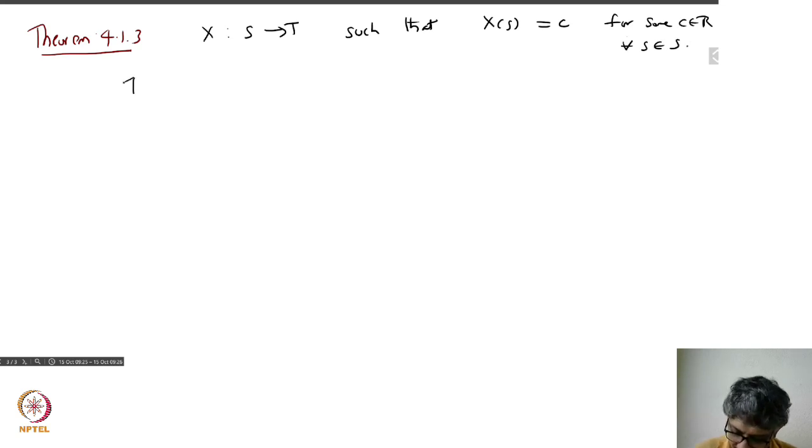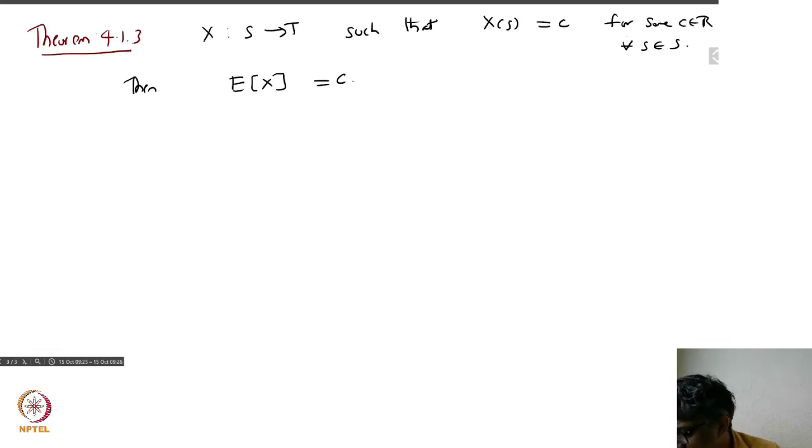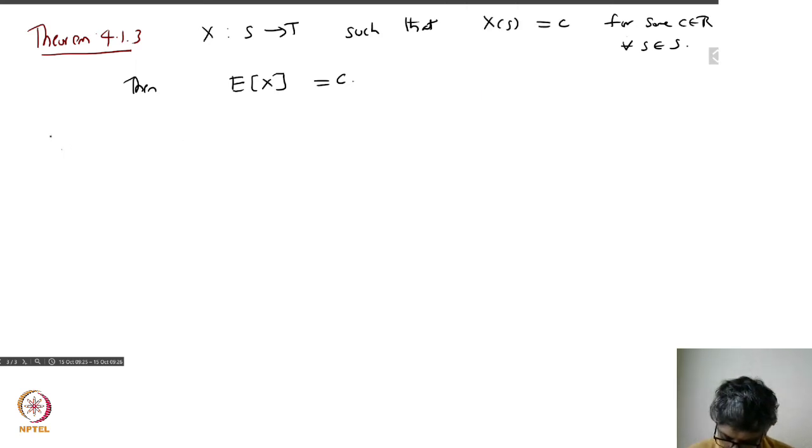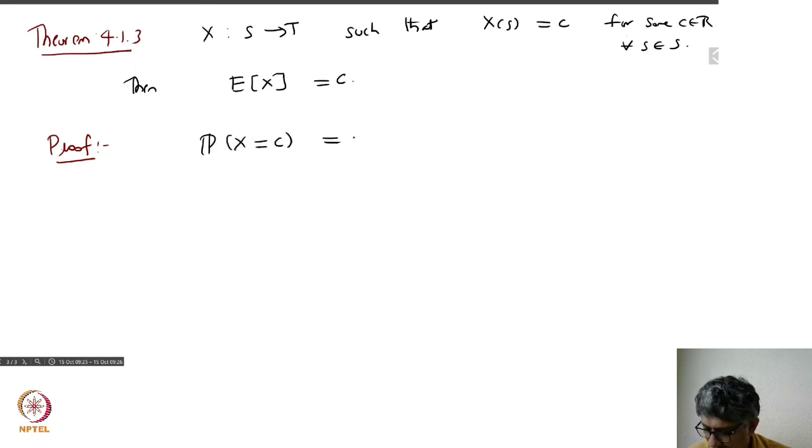Then the expected value of X is just going to be equal to c. So how's that? The proof is very simple. So let me write the proof down. So proof will be the following: you know that the chance that X equal to c is equal to 1.